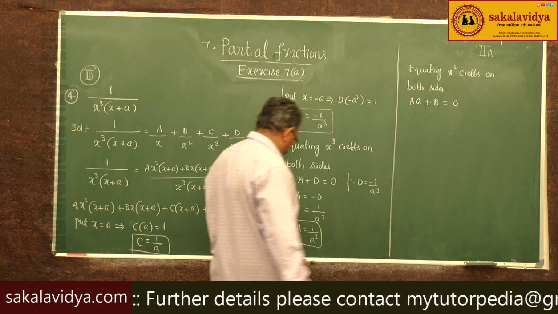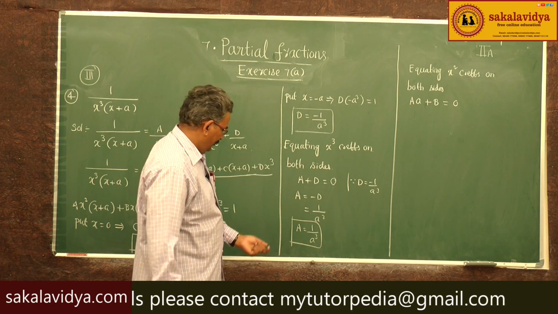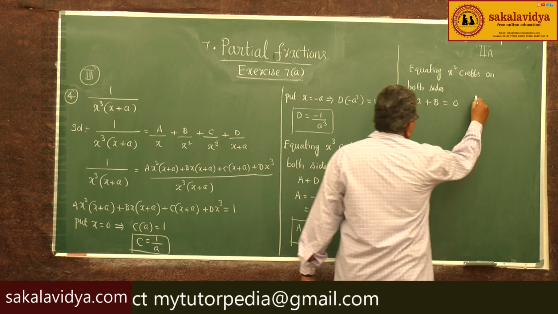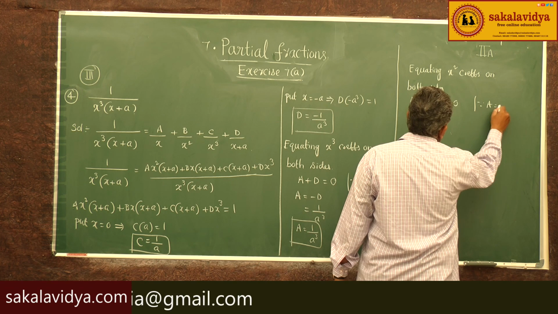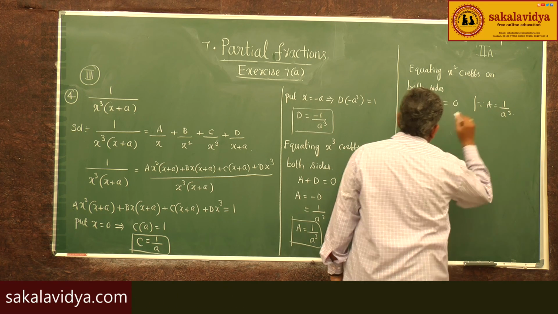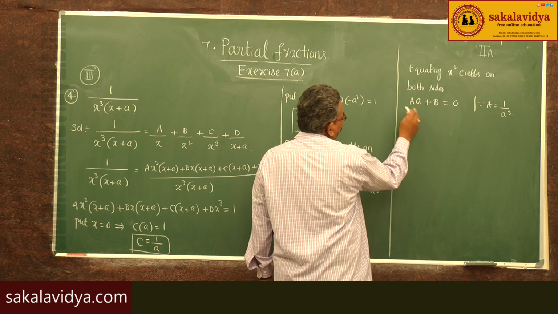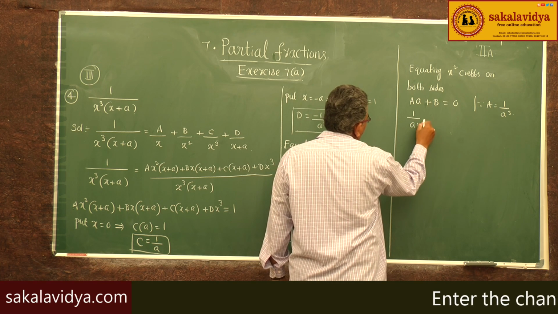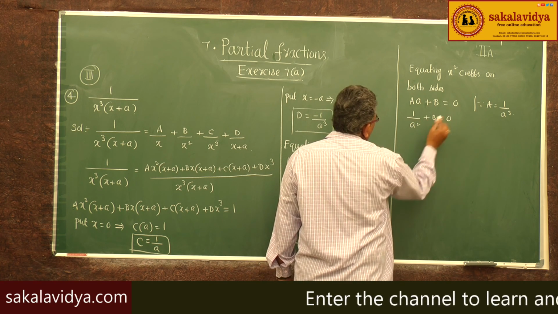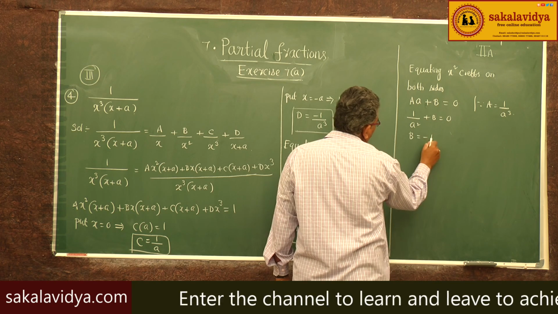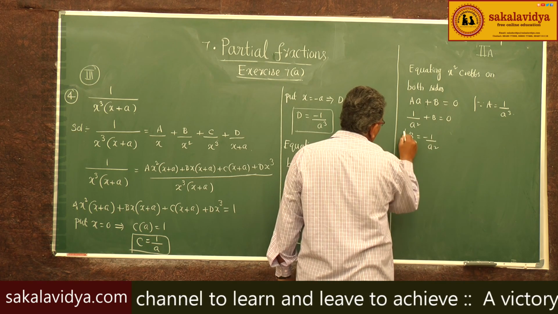Now we know the a value here, since a is equal to 1 by a cube, so a times a is 1 by a square, plus b is equal to 0. Now b is equal to minus 1 by a square.